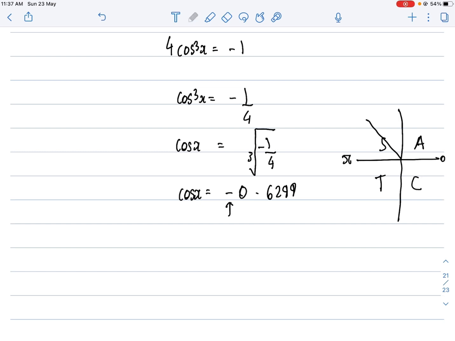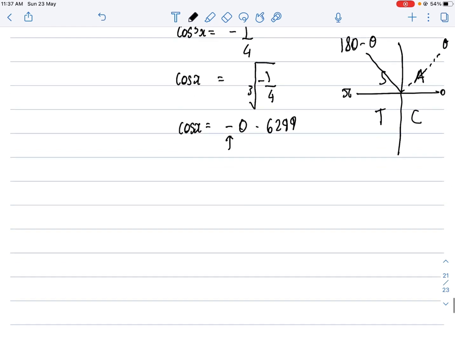Now for the second quadrant, I know I need to do 180 minus theta, where theta is the angle which lies in the positive quadrant. So for the positive quadrant, I need to do cos inverse of only the positive 0.6299. Just do this on the calculator. Make sure you're on the radian mode. When you do that, you get your answer as 0.889.